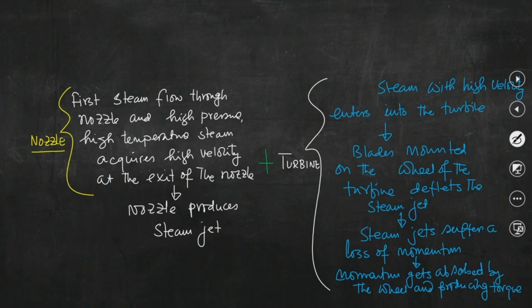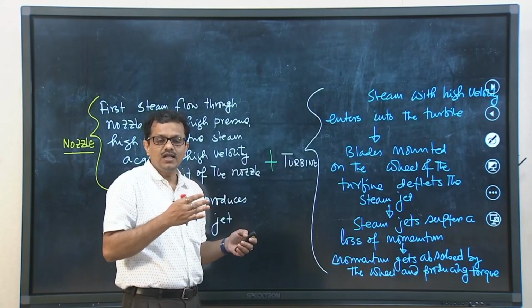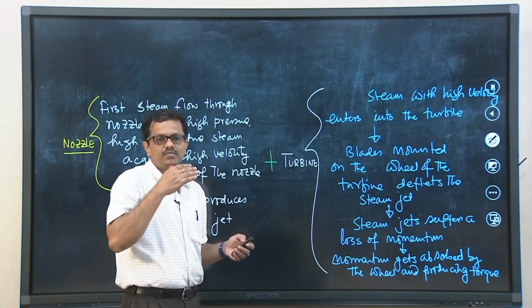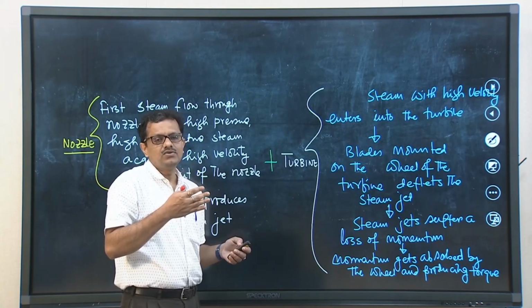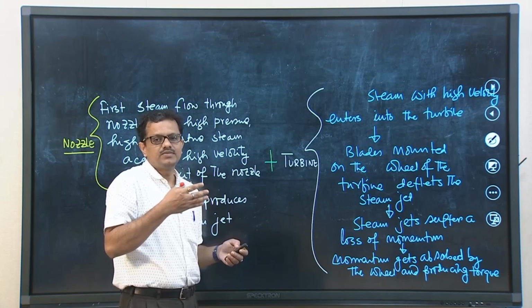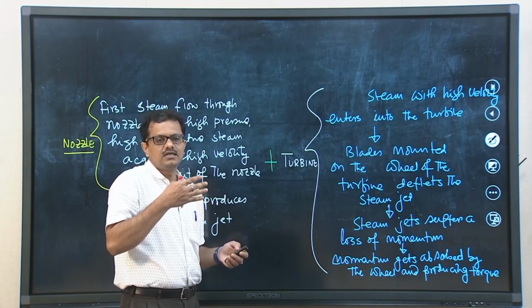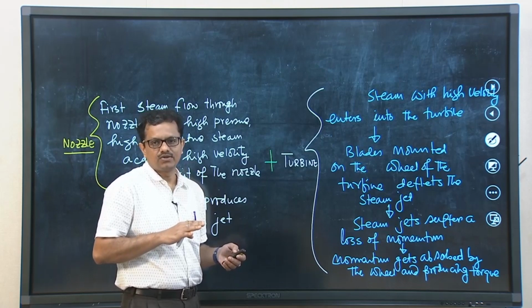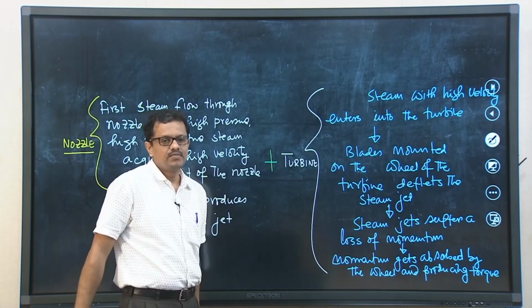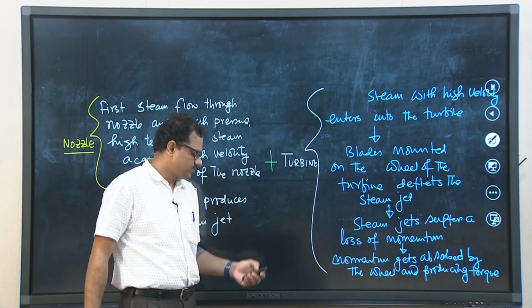So, the momentum change is solely by the blades, or the change in momentum of the jets is deflected by the blades only. So, there is no other mechanism to rotate the wheel.